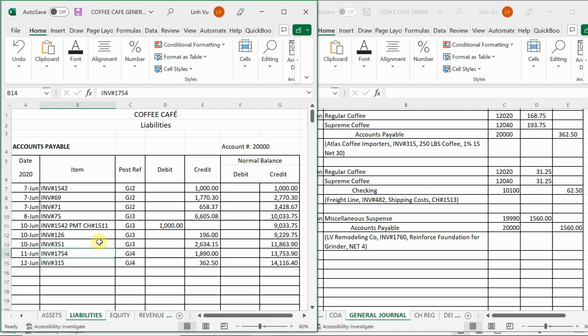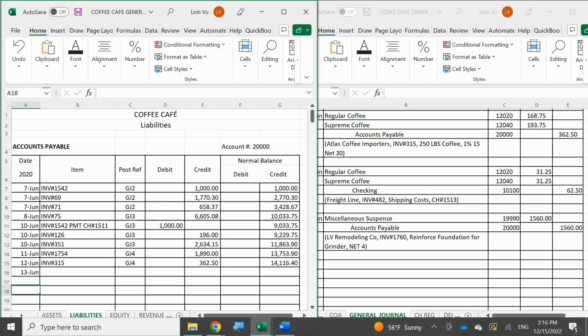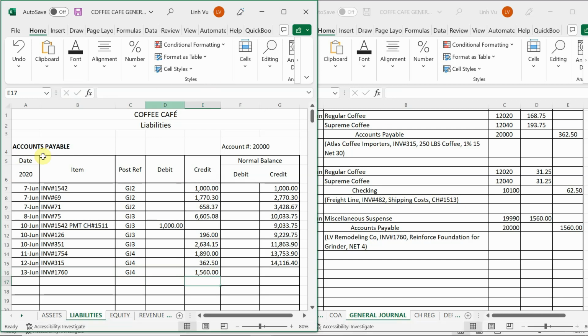So we're going to go to my liabilities and plug that in for the 13th. Okay, so that is going to give me invoice number 1760, general journal page 4 because we're still on it. And we're going to credit 1560 because we owe $1,560.